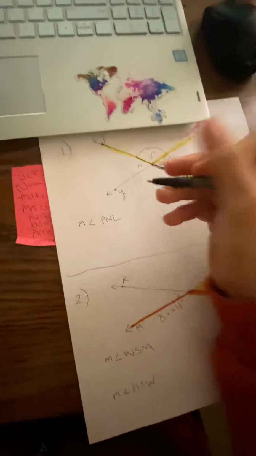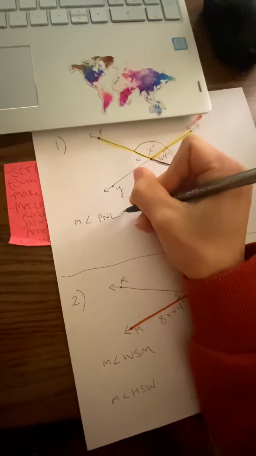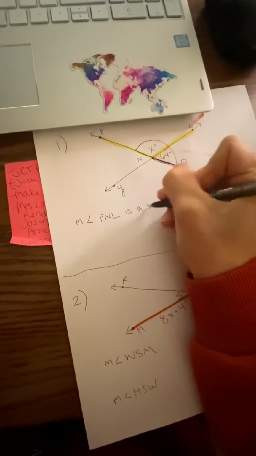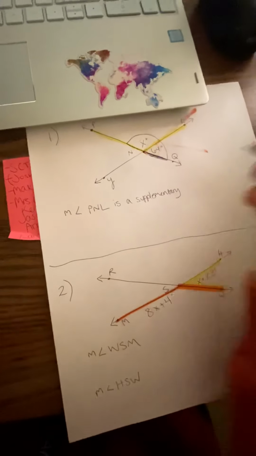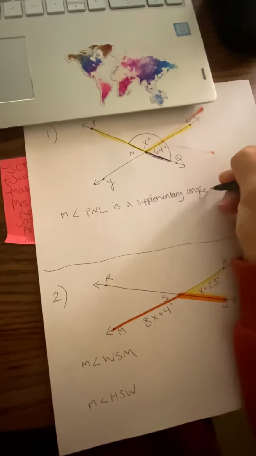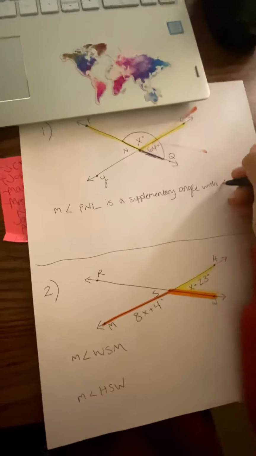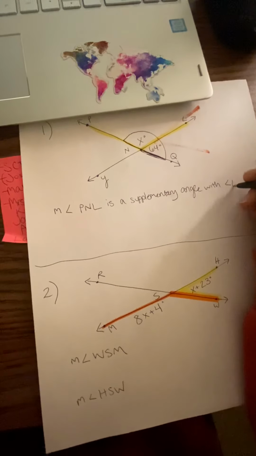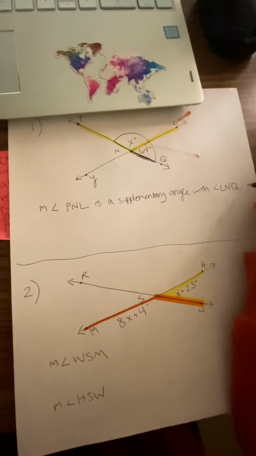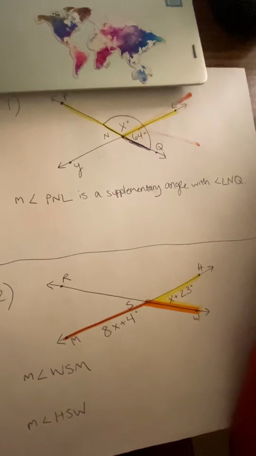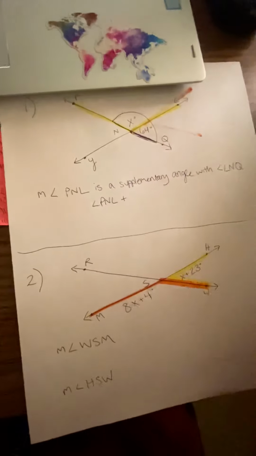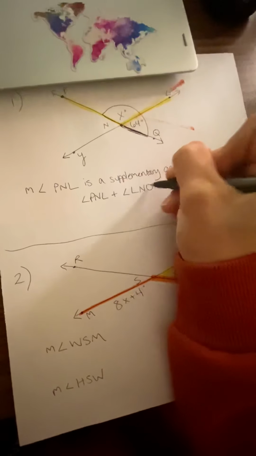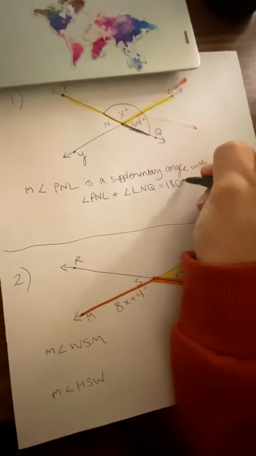So we can say that angle PNL is a supplementary angle with angle LNQ, which means that angle PNL plus angle LNQ equals 180.